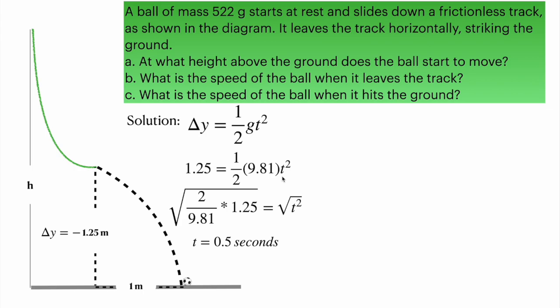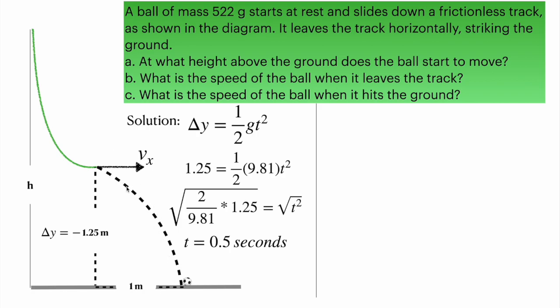After finding the time, we can easily find Vx, which is the horizontal velocity. See, this is Vx. Okay, Vx, as you know, in parabolic motion doesn't change in the entire flight.